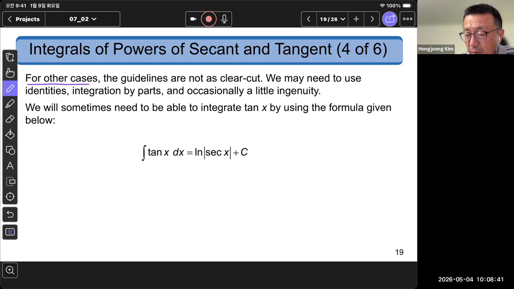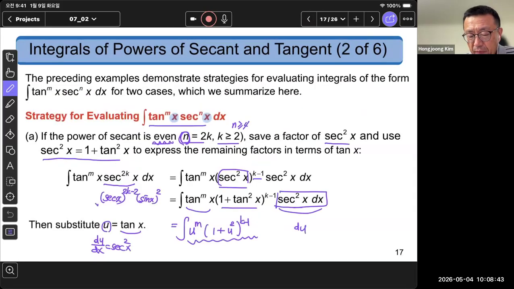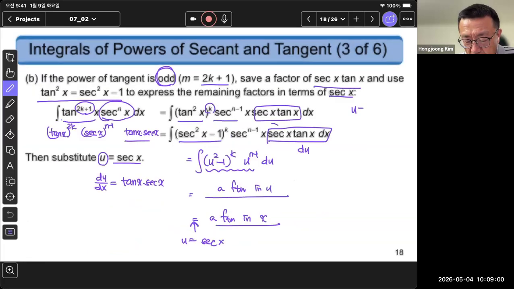So if the integrand is tangent x to the mth times secant x to the nth, and if you are lucky, in the sense that the conditions for A or B are satisfied, then we can use this trick.